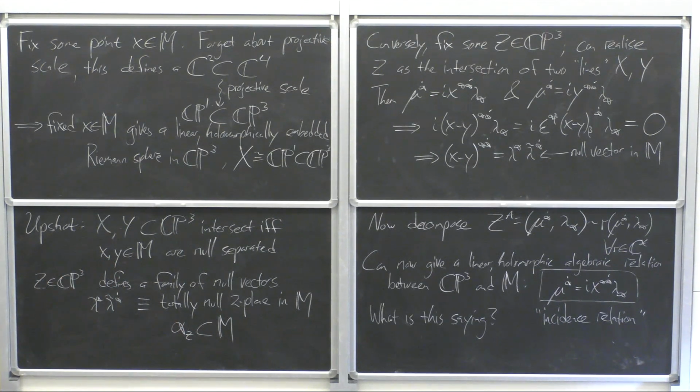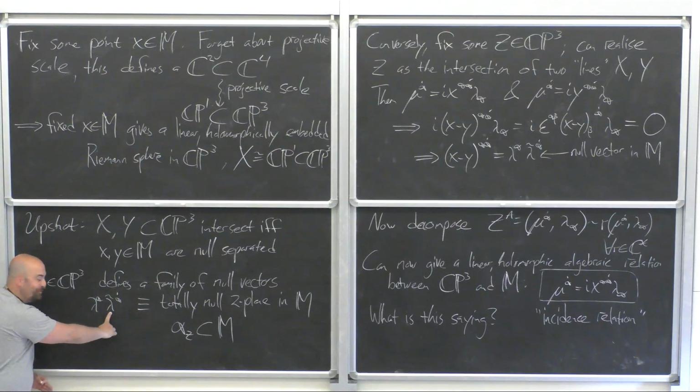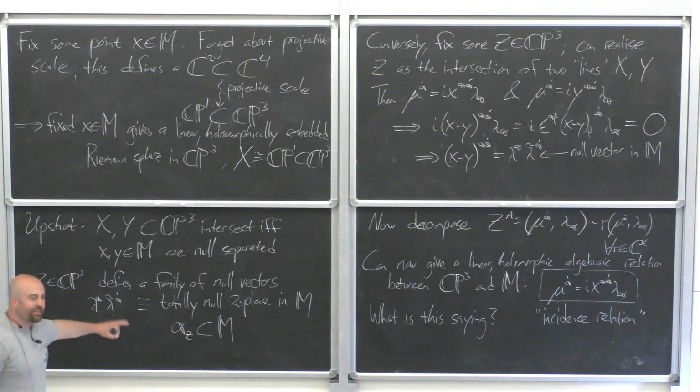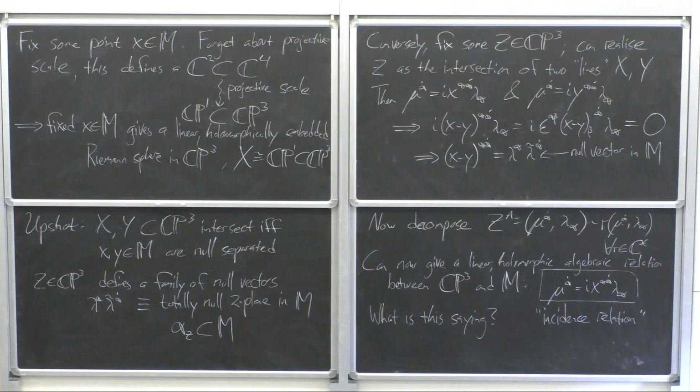Then this totally null two-plane would intersect the real slice in a line. That line would be precisely where this lambda twiddle is lambda bar, right? And that's a real null vector. So if you like, this totally null two-plane contains one real null vector that is associated with the intersection of that null plane with the real slice. This isn't a good answer to your question, but it's an answer.